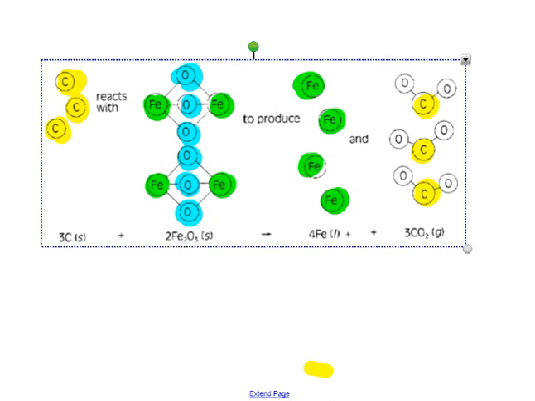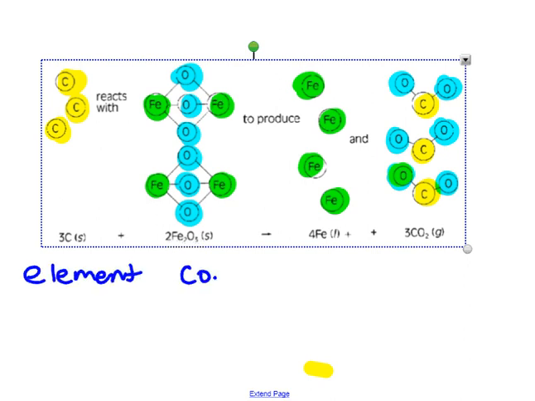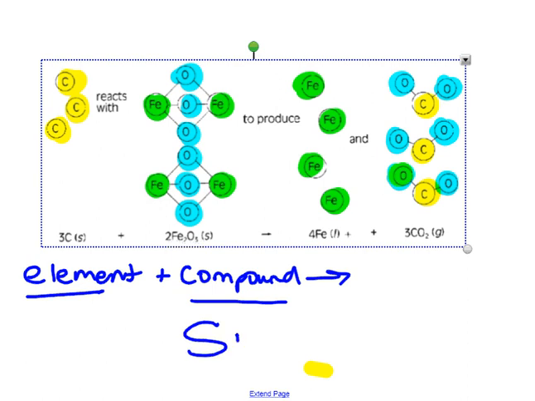We still have carbon hooking up with oxygen to be a carbon-oxygen bond, and the iron is now by itself. Carbon is an element. Iron oxide is a compound. Anytime you have an element plus a compound, you have a single replacement reaction.